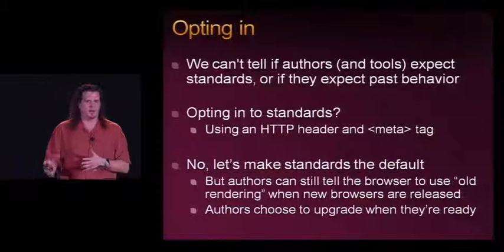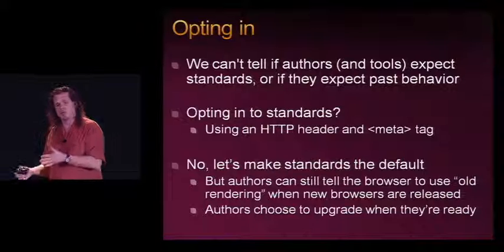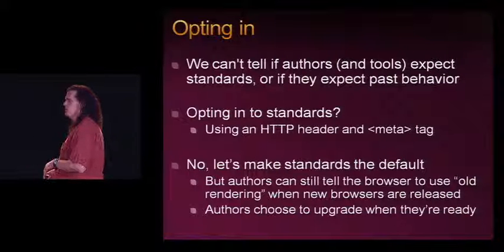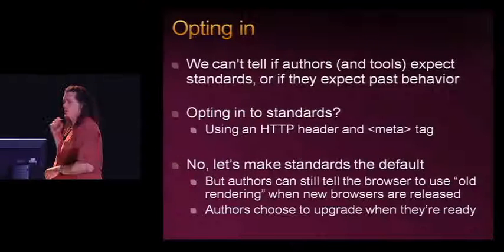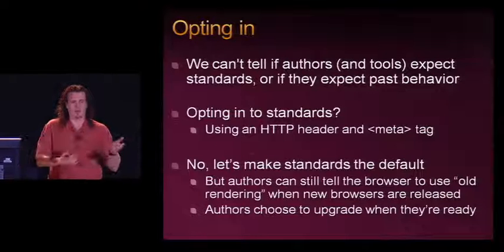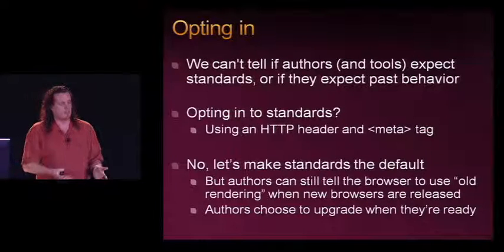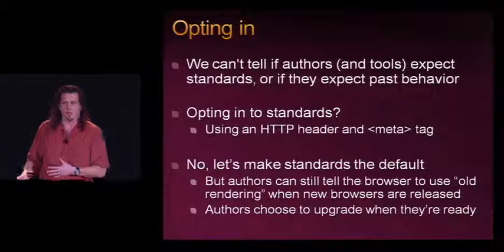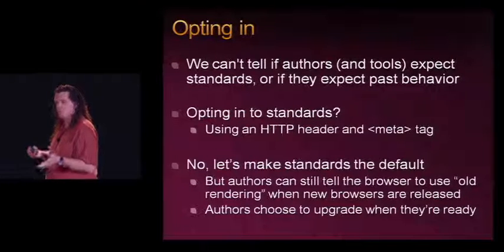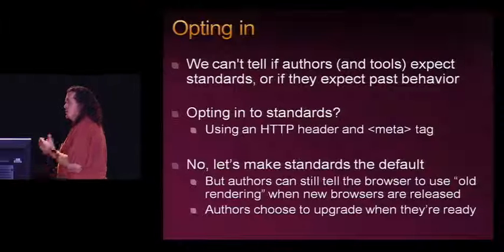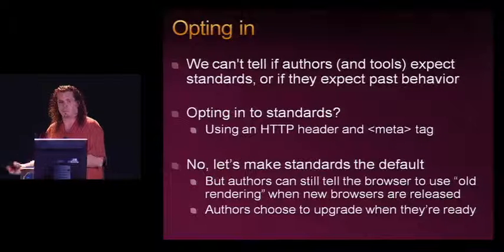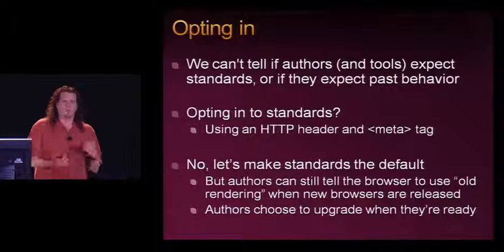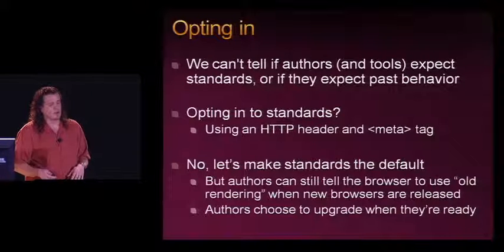They may have better standard support, or maybe the standards changed, or ambiguities were refined. This way, it's really easy to fix a problem like the gentleman in the front row had, because all you have to do is go in, put the meta tag in the page, and we'll use the old engine. And that means it'll actually work again, instantly. Now, you still probably want to upgrade to get new standards, new features, but at least you have a quick fix to keep your content running.